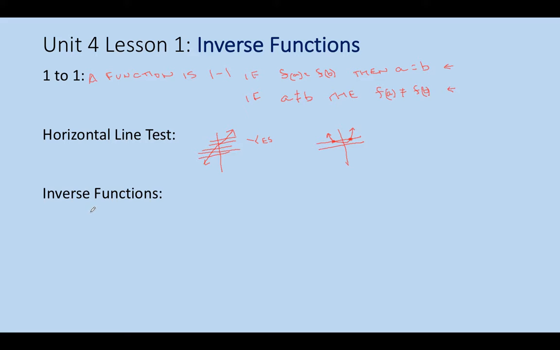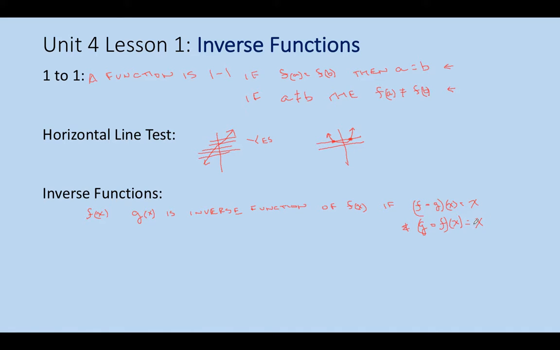Let's say that we have function f of x. g of x is the inverse function of f of x if f of g of x equals x and g of f of x equals x.